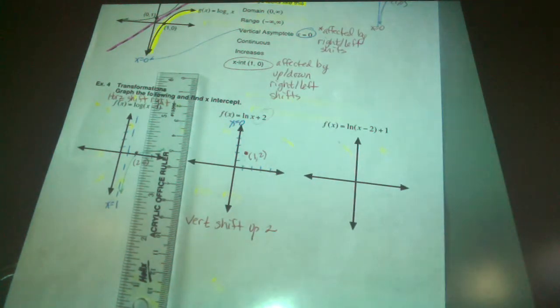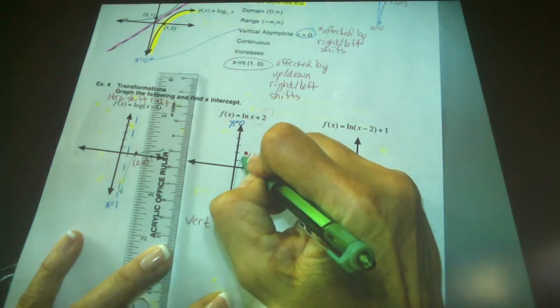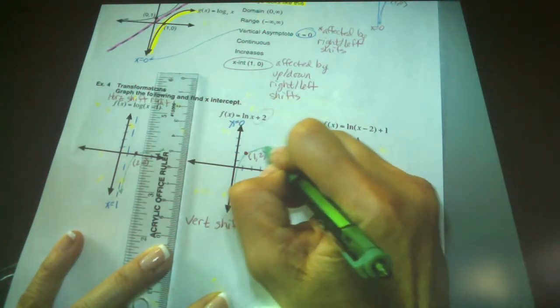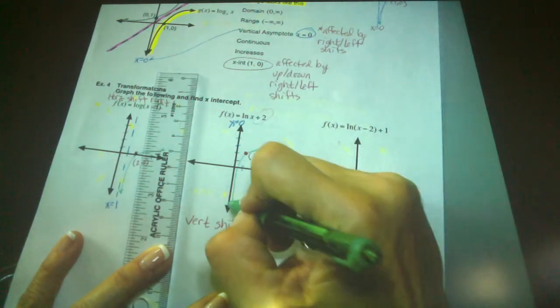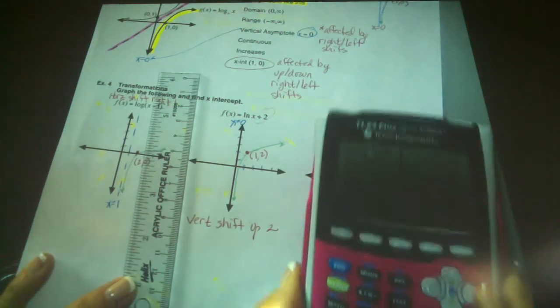And then all I have to do is sketch it. I know that I'm going to hug the asymptote. And it's actually probably a little less flat because it's the natural log. So throw that in your calculator.